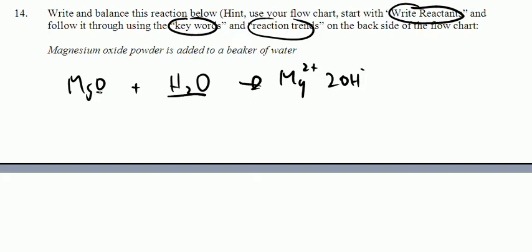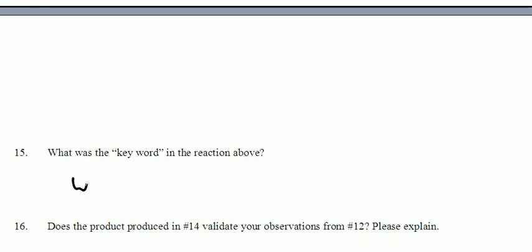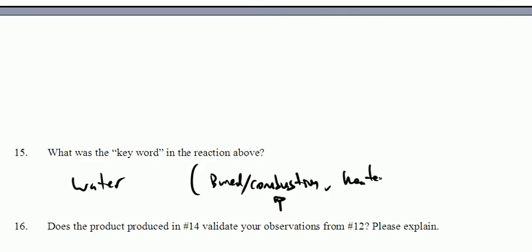Yeah, because there's the O here and the O here, and there's 2 O's there, 2 H's there, and our 2 H's there. So it's a balanced reaction. What was the key word? It was water. The other key words are going to be burned or combustion. You already know this one pretty well, actually. And heated.